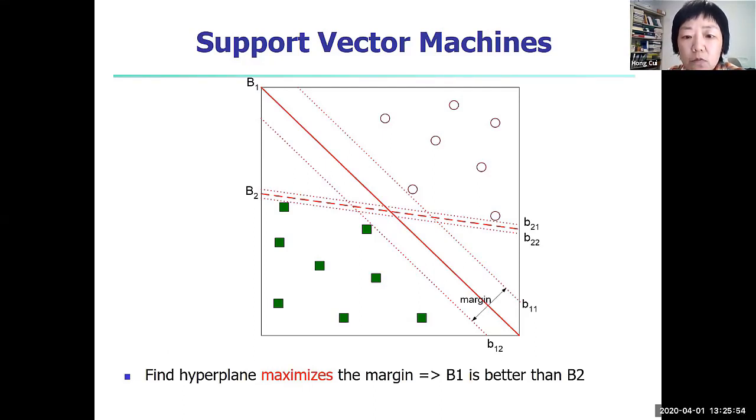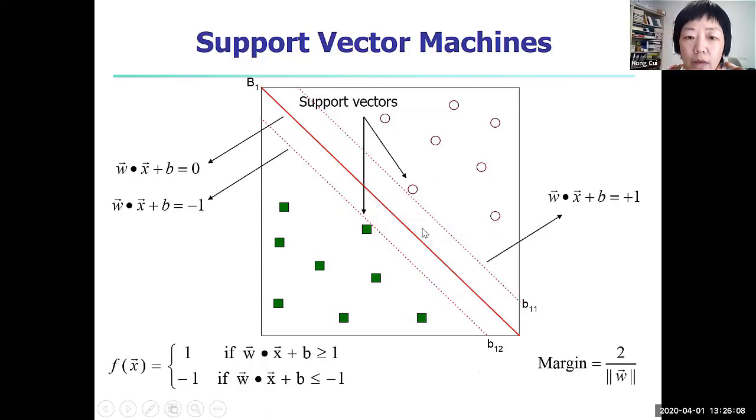Since we decided we would like to find this hyperplane as our decision boundary, we want to maximize this margin. When we look at this, this decision problem can be formulated as this function. This line has a formula of this, and this line is going to be like this, and this line is that.